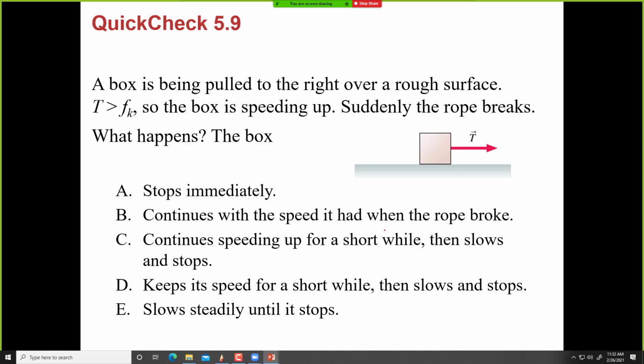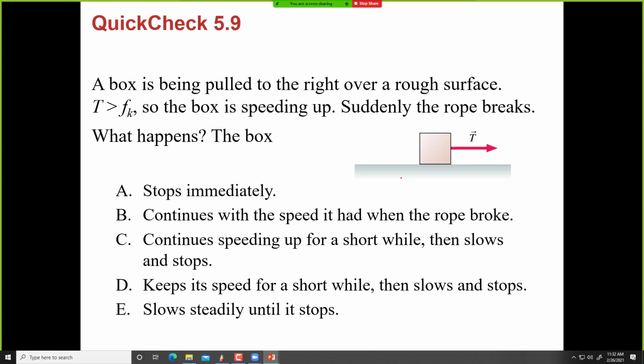Okay. Let's look at this question. This box is already moving, and in this case, the box is speeding up. You are pulling the box with a rope, and the box is speeding up, and suddenly the rope breaks. So what happens to the block?